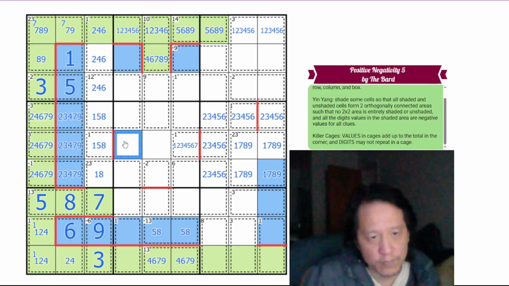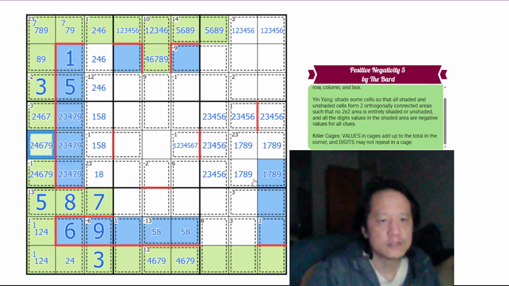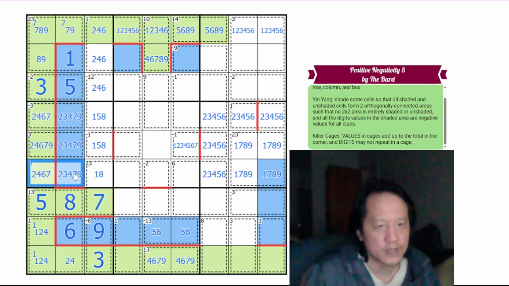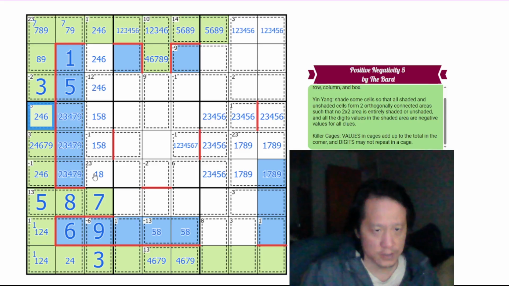Well, 9 cannot be in the positive for any of the negative cages. So this cannot be 9, this can't be 9. 7 cannot be in the positive value for the negative cages because it would be 7 and 9 to get negative 2, but you can't get negative 3. And 7 and 9 also gives you negative 2, which can't give you negative 1. So this is 2, 4, or 6 here.